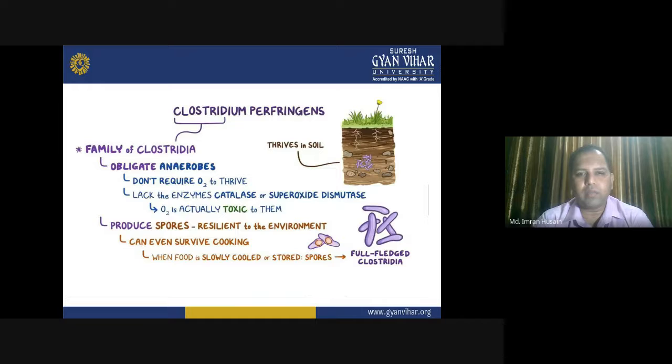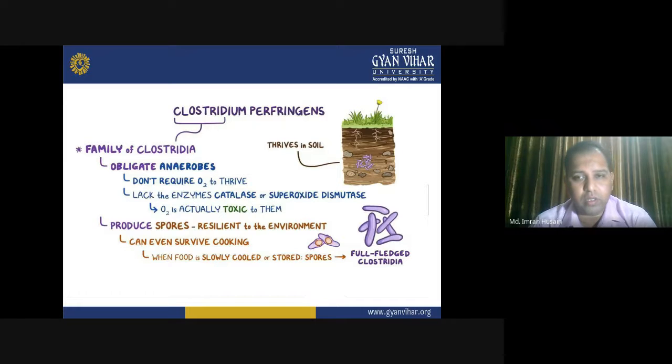Lacks the enzymes catalase and superoxide dismutase. So the enzymes catalase and superoxide dismutase are absent there. Oxygen is actually toxic to them. It is readily explained by obligate anaerobe. Okay, being an anaerobe is an obligation for their survival.